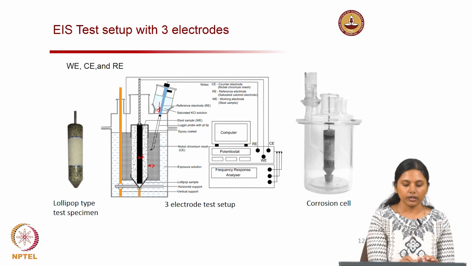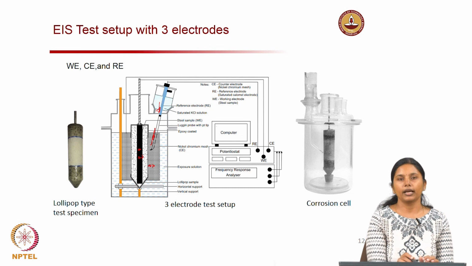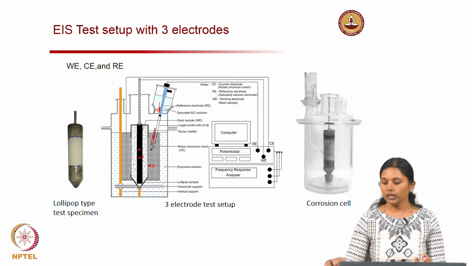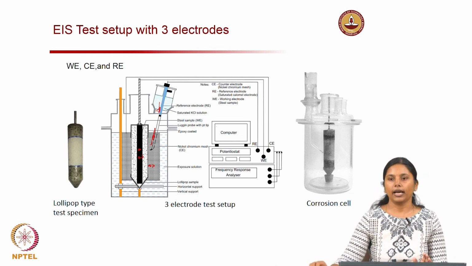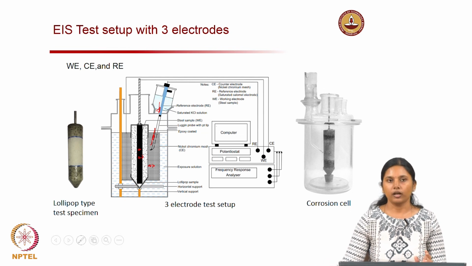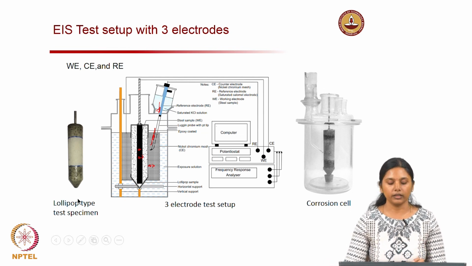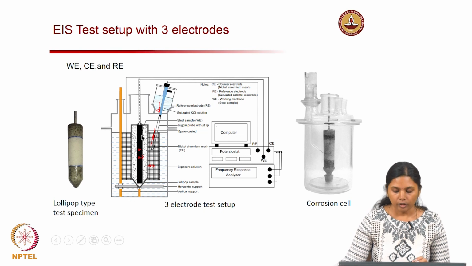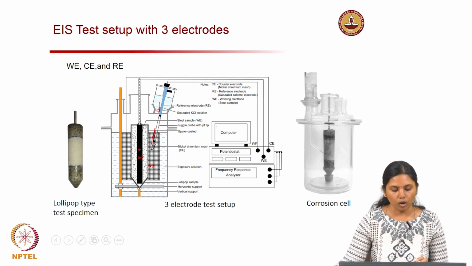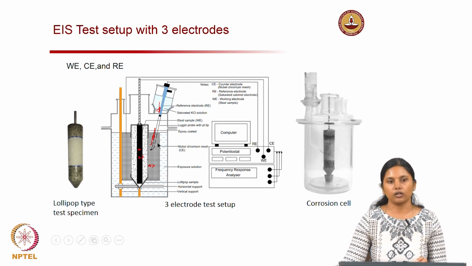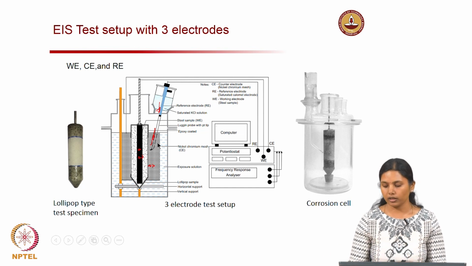So, we measure the working electrode potential with reference to this reference electrode, and then we apply a small potential and then observe the differences that happen in the response. Also, the whole system, like counter electrode, working electrode and reference electrode, all the 3 together form the corrosion cell.